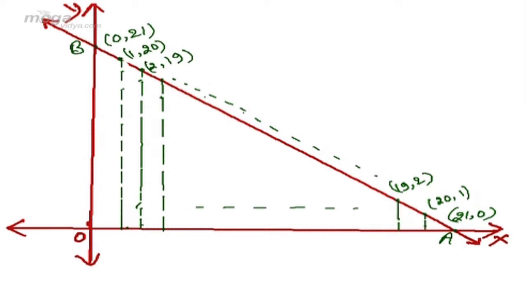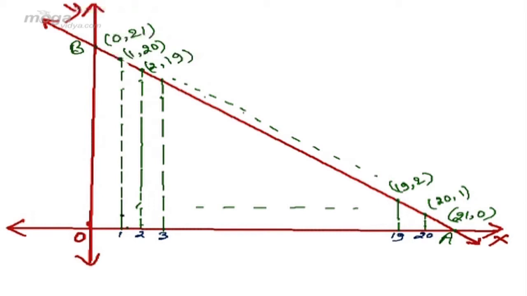You can see this line parallel to the y-axis intersects the x-axis at the coordinates (1, 0), (2, 0), (3, 0) and so on, (19, 0), (20, 0). Now we will see, from (1, 0) to (1, 20), how many points will lie whose coordinates are integers.